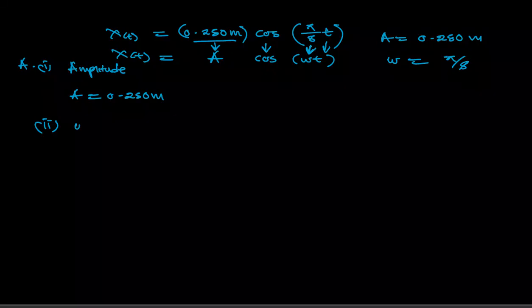Now our second question is to find the frequency, followed by the period. I said that the angular frequency is given by 2 pi f. To solve for frequency, we divide by 2 pi and cancel, so frequency is angular frequency over 2 pi.